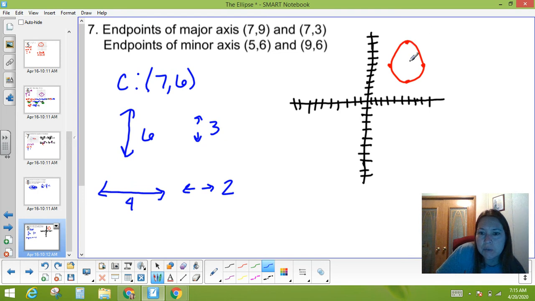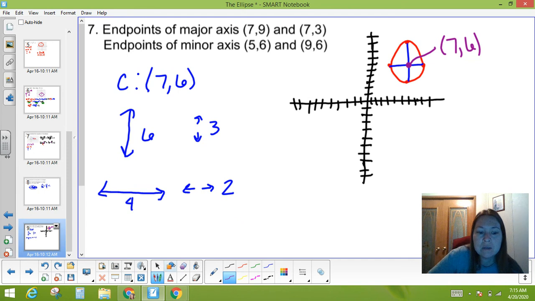So what I know is that I have a center in the middle of those right here, which is going to be at 7, 6.